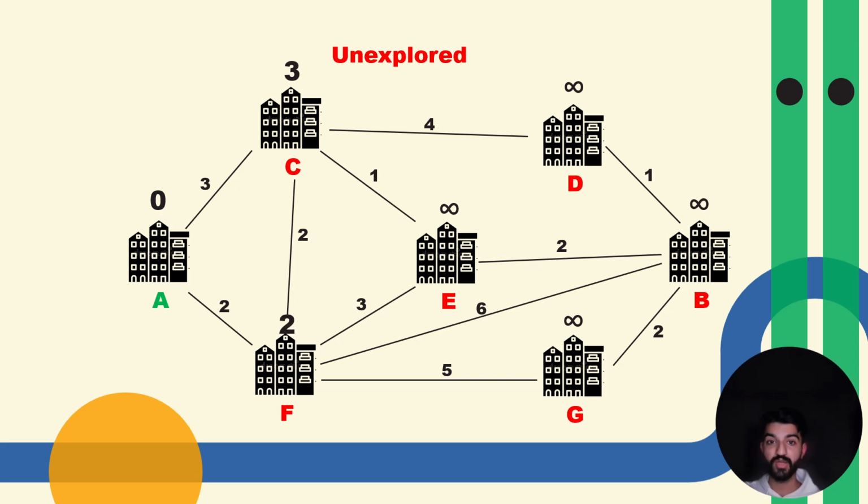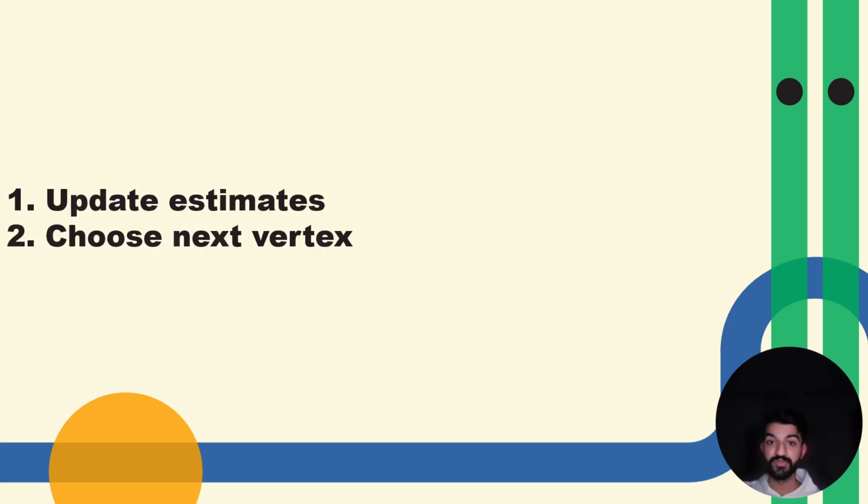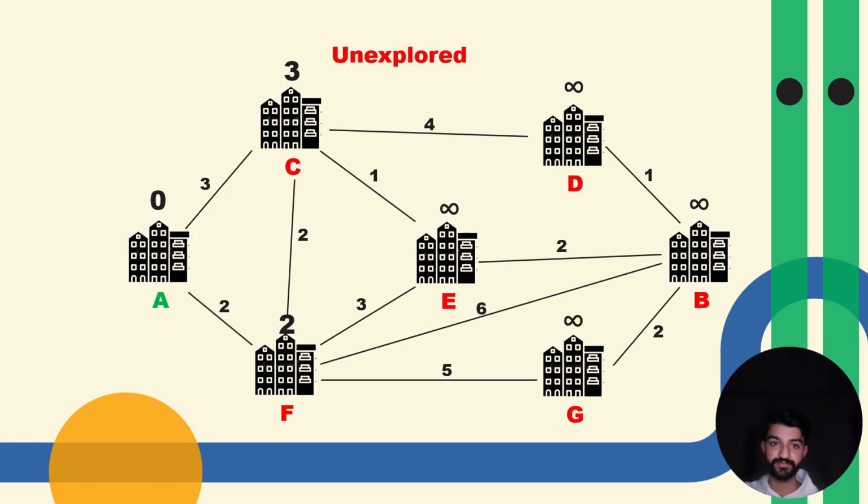So we will update our estimate after we have considered all possible roads connected to town A. We are done with this step, and now the next step is choosing which town to explore next.